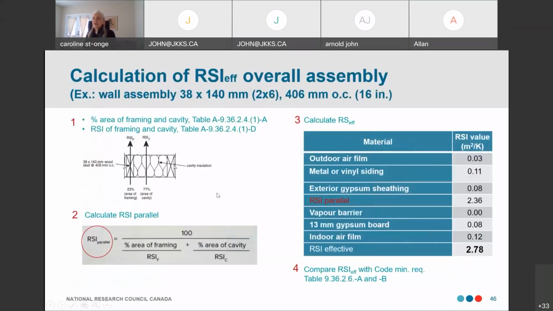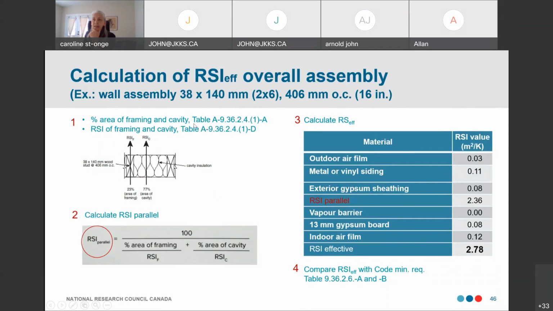But the code says this is not the proper way to calculate the thermal resistance of your assembly. It has to be calculated in the following manner. First of all, you have to determine the negative contribution of the thermal bridge. So what is the area of the framing and what is the area of the cavity?